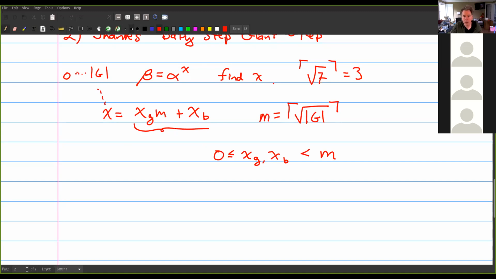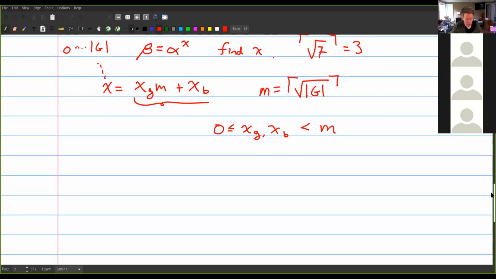You can, because both m and xg are basically the square root of g. So when you multiply them together, you get something pretty close to the cardinality of g. And if you're a little bit short, you can add an xb to make up the difference. So this is just an odd way of representing a number that some smart person came up with.